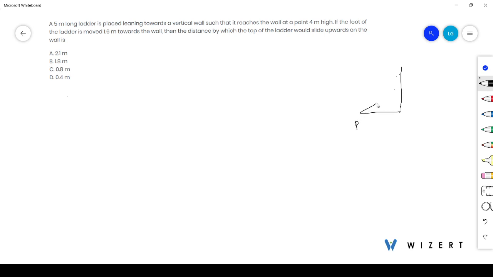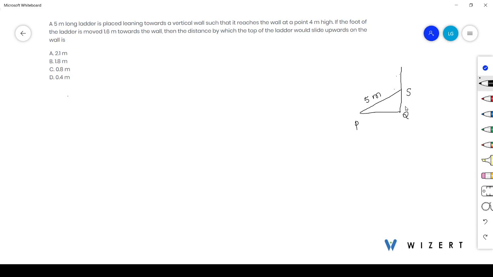Let PS be the ladder of length 5 meter and QS be the height of the wall on which the ladder is placed.